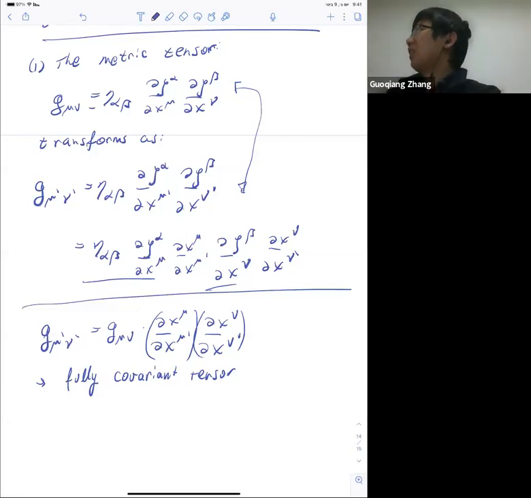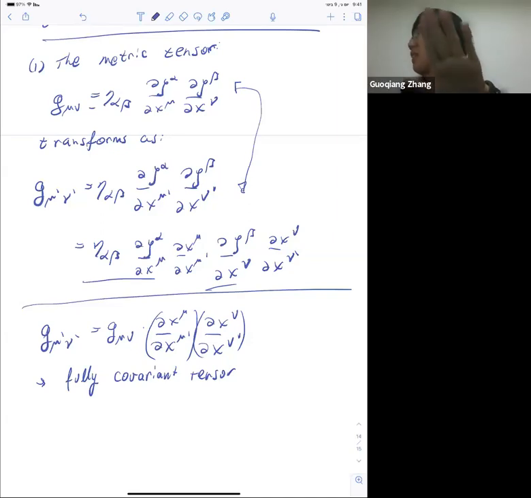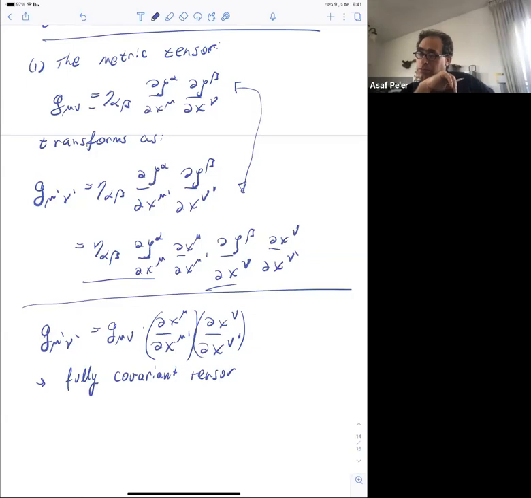You use η_αβ, which means the metric of flat space. But you use the coordinate transformation, so g_μν and g_μ'ν' are the metric of flat space? No. This was the definition of g_μν in any space.